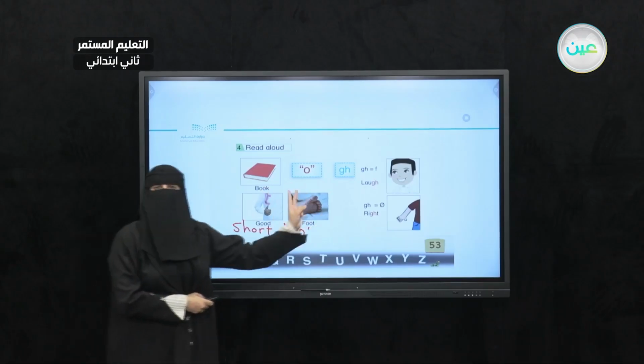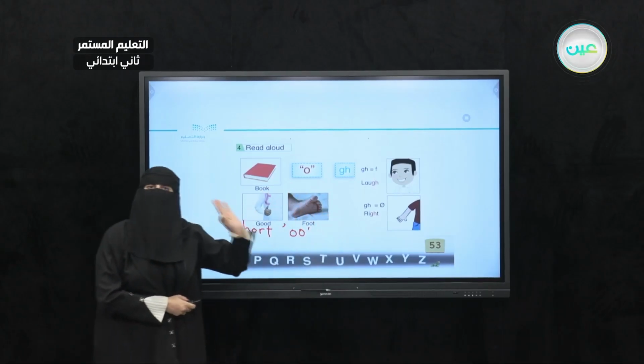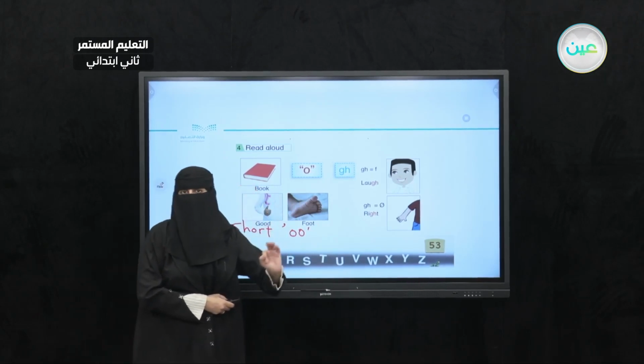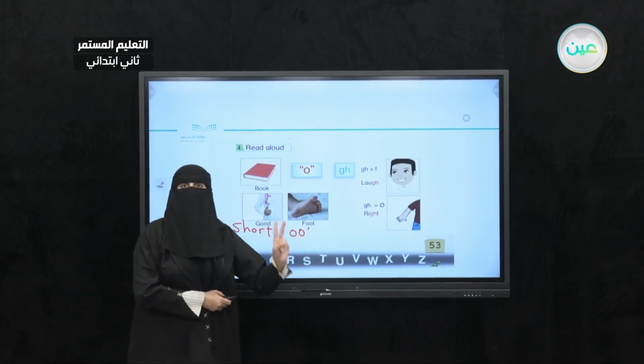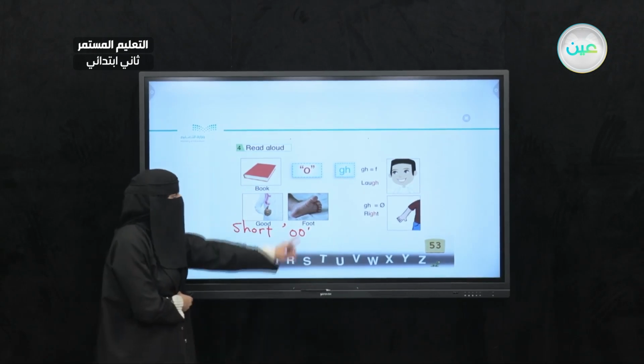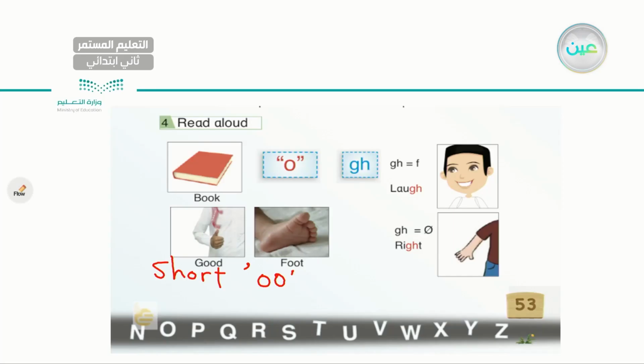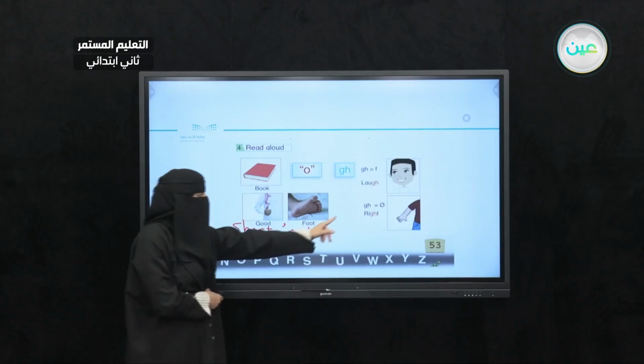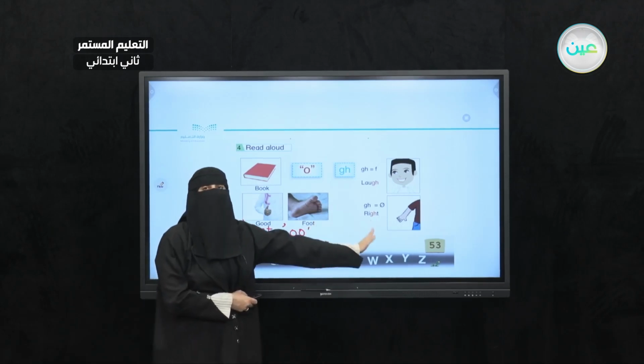Now, for the other part, here I have the two letters G and H. And we introduced that with these two letters, I might have three different sounds. Could be F, could be G, could be nothing. No sound, silent. Here I have GH as an F, as in the word laugh, as in cough. While the second one, I'm not pronouncing the G and H. For example, here I have the word right.